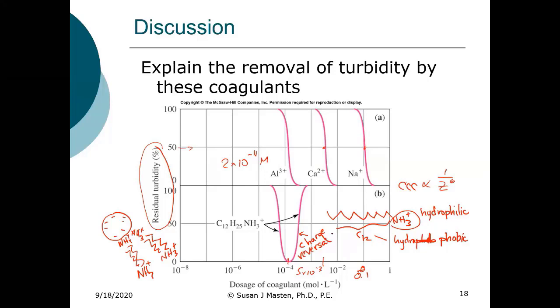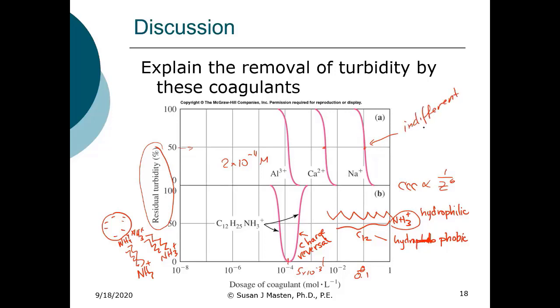So your negatively charged particle becomes a positively charged particle with these ammonium ends sticking out into the solution, and now you've got positively charged particles and they will repel again.